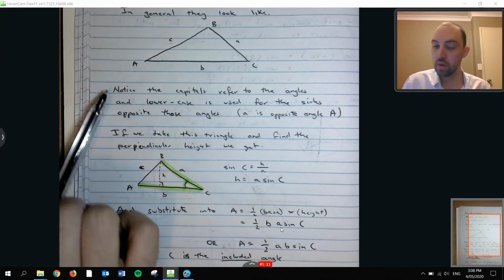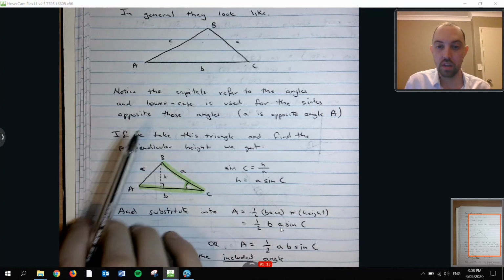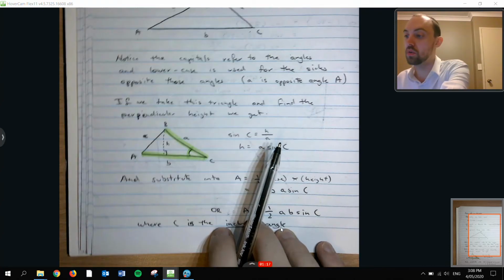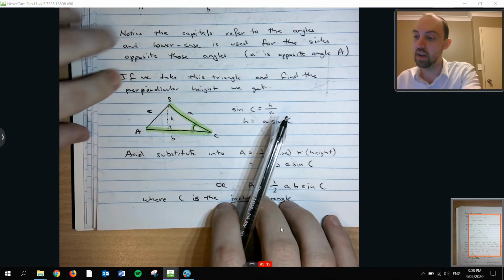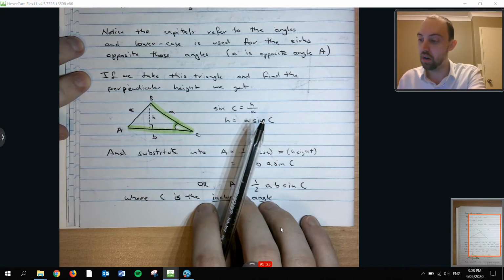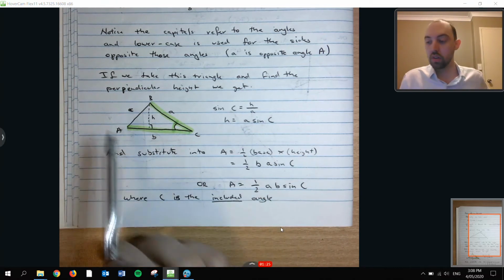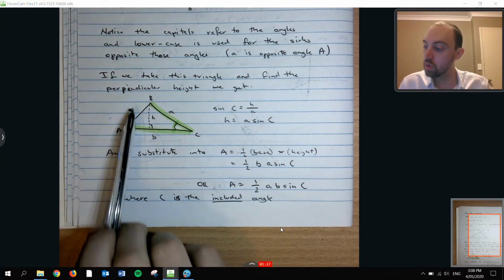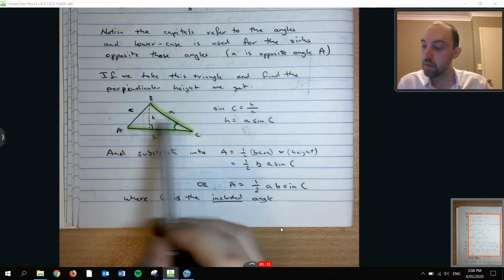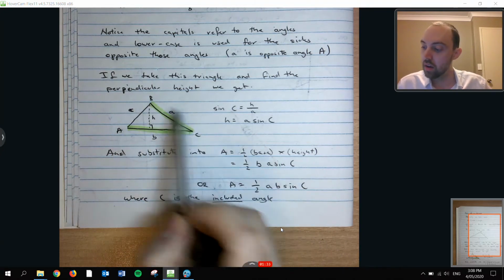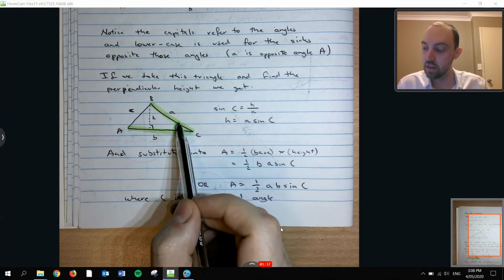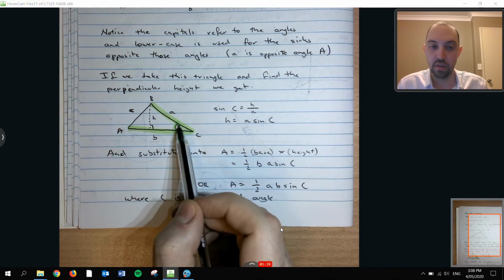Okay, this little note just tells you what I just mentioned. And what we are going to do is come up with a slightly different form for the area of a triangle. We're going to use our idea of half base times height and work out what it is, but in terms of sine. So let's take this angle here.